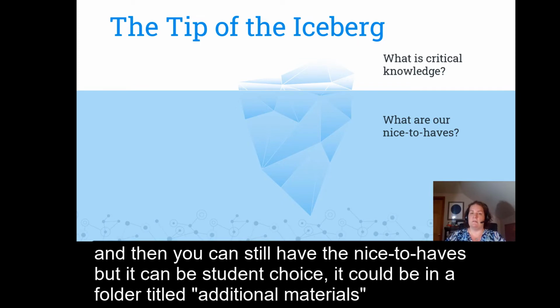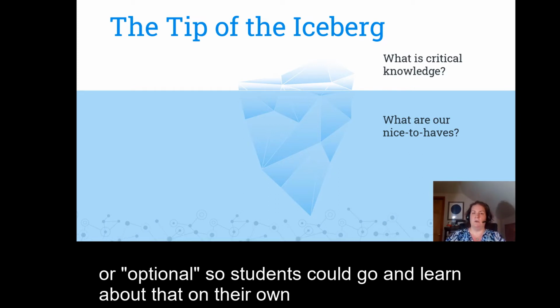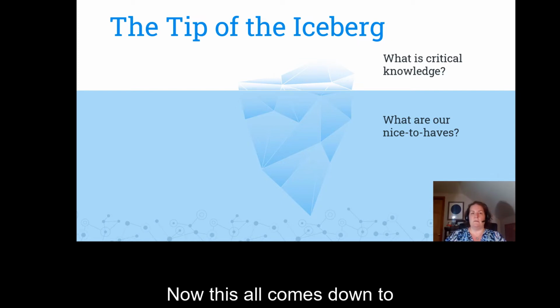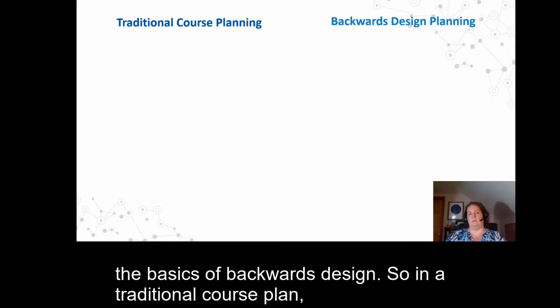And then you can still have the nice to haves, but it could be student choice. It could be in a folder titled additional materials or optional. So students could go and learn about that on their own, but it's not crucial for their understanding of the course. Now this all comes down to the basics of backwards design.